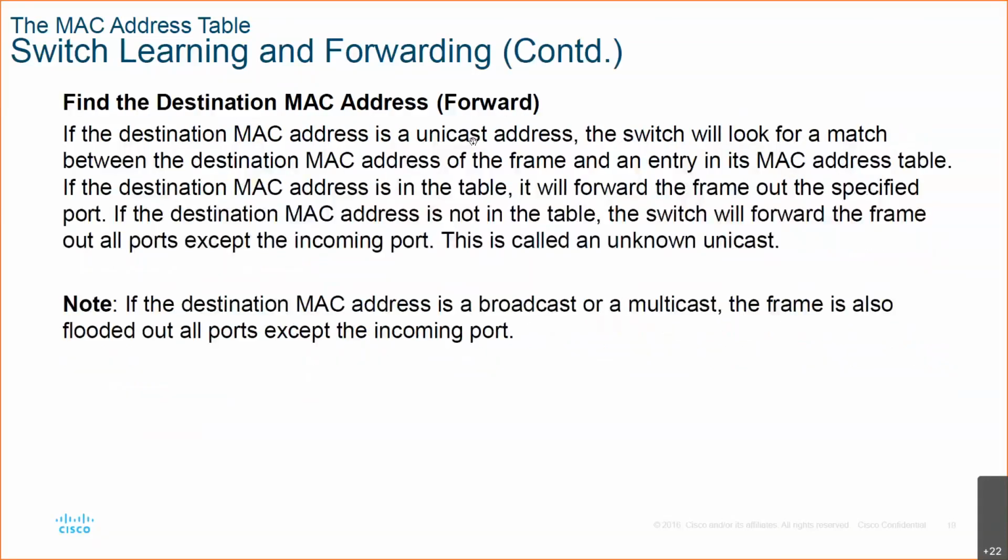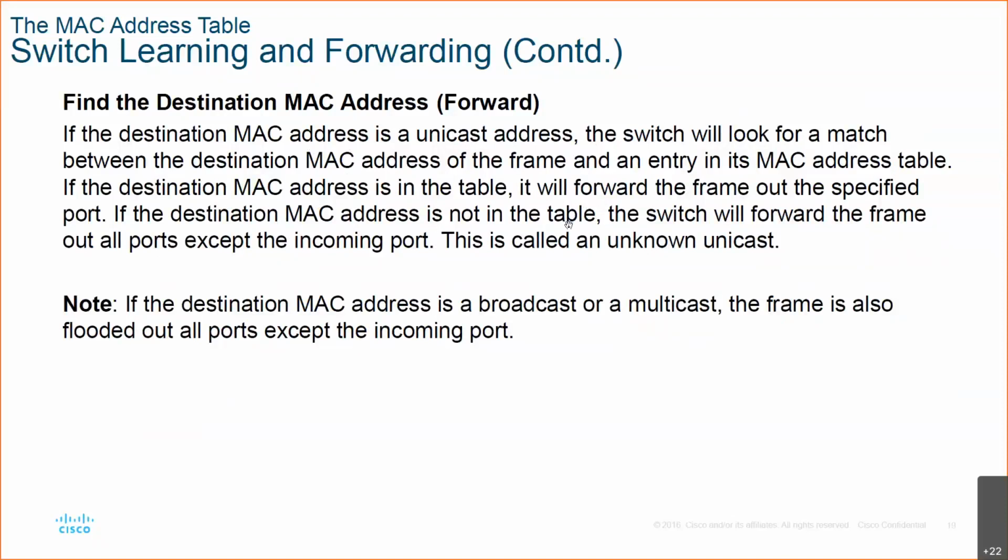So looking at that table, if the destination MAC address is a unicast address, the switch will look for a match between the destination MAC address of the frame and the entry in its MAC address table. If the destination address is in the table, it will forward it immediately to the destination MAC address.